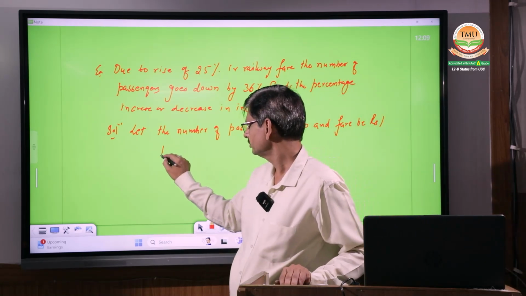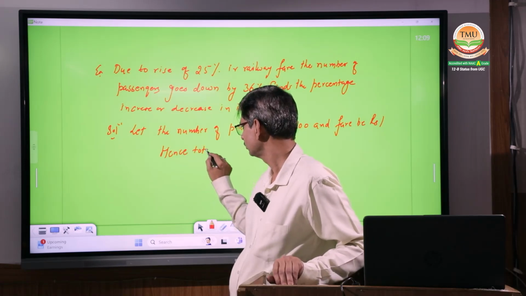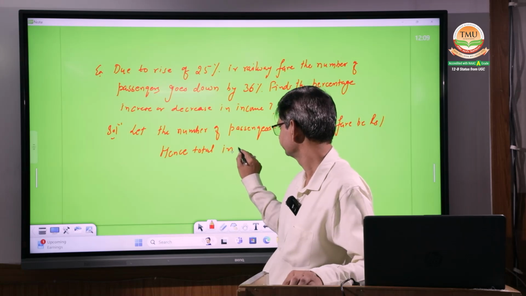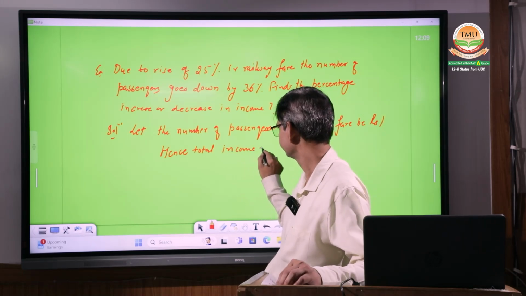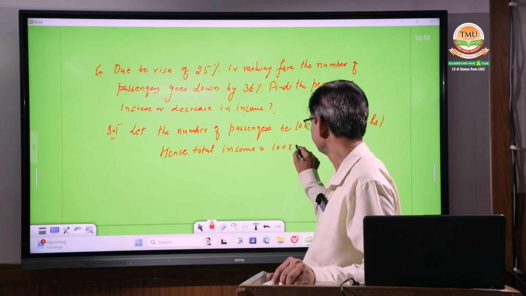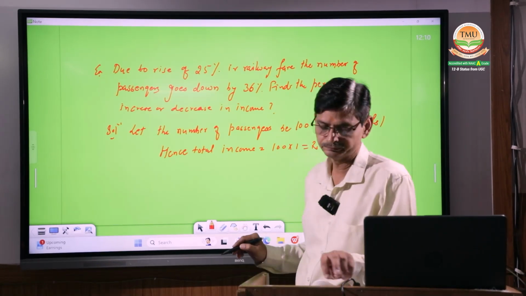Hence total income, that is 100 into 1, that is rupees 100.